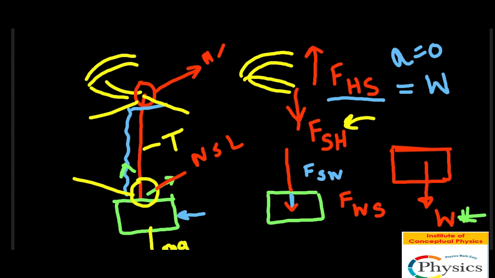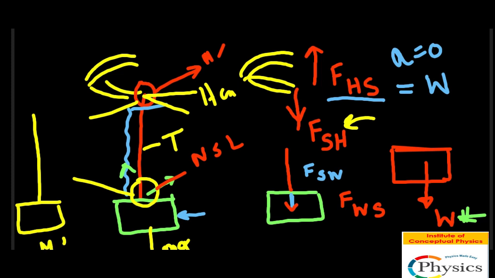So if you have a situation like this, this is mg. The tension will transmit this force at the topmost point wherever you're hanging it, and therefore the tension is equal to mg.